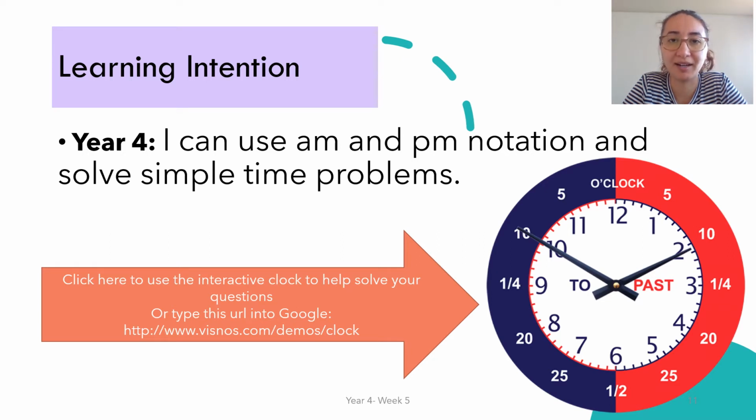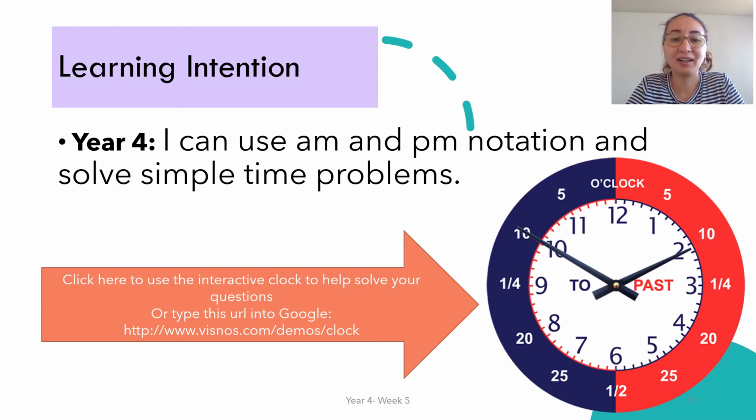So from 12 midnight to 11:59, before midday, we would use the notation AM. That's because it is before midday. Then we have PM, so from midday, about 1 hour before we go to lunch, you would start using PM all the way until 11:59, almost at midnight, it would be PM.